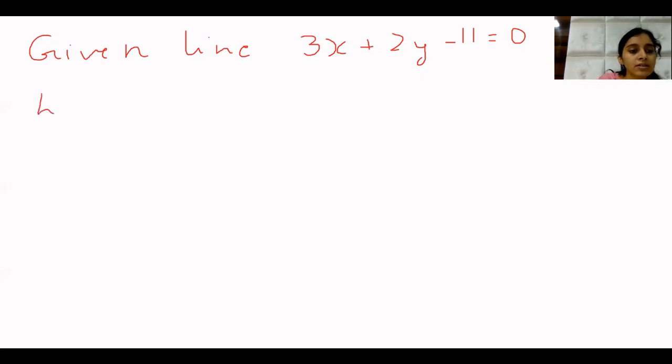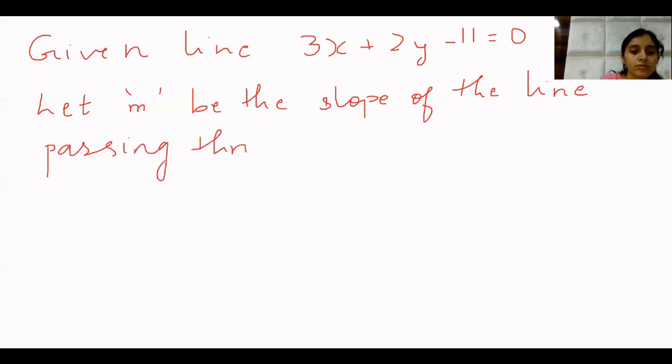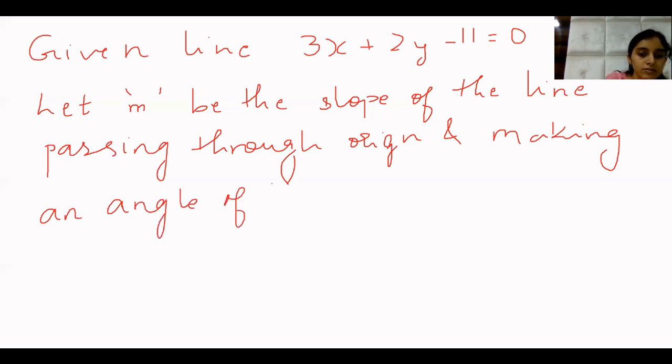So we'll say let m be the slope of one of the lines passing through the origin and making an angle of 30 degrees with the given line.